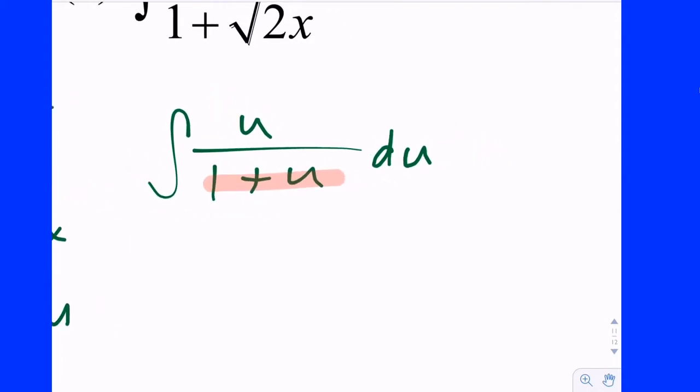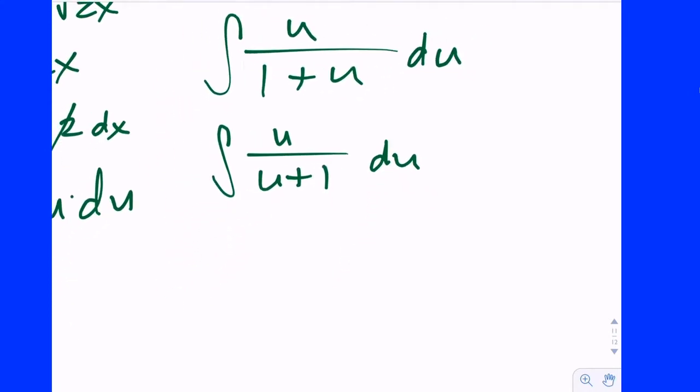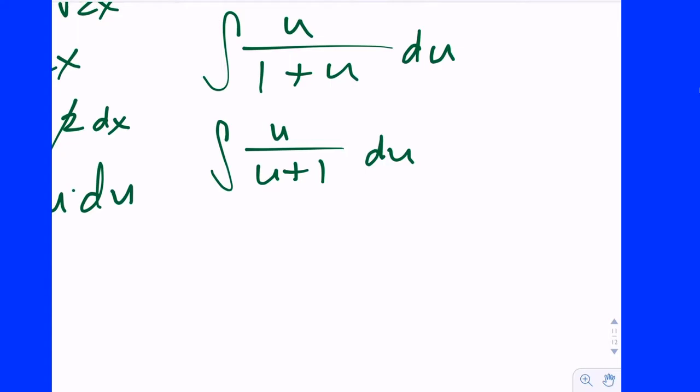So is there anything we've talked about strategy-wise that would work here? There's nothing to expand. I can't split up the denominator. What if I call it u plus 1? Commutative property of addition. Good strategy. But then I can't distribute anything in.